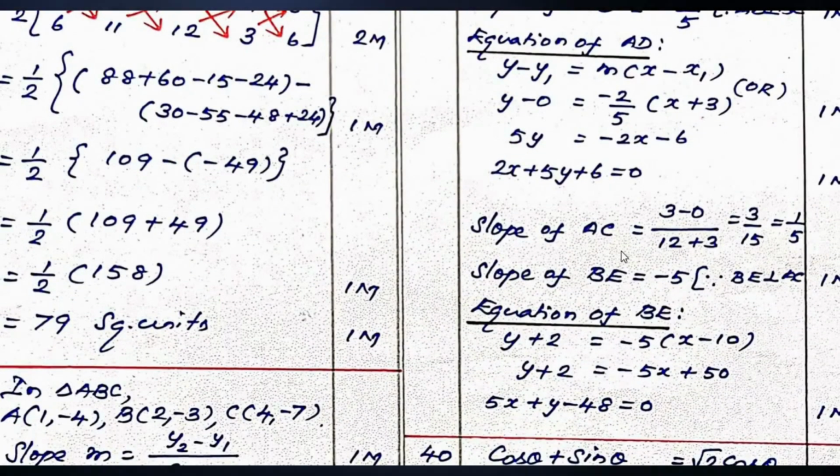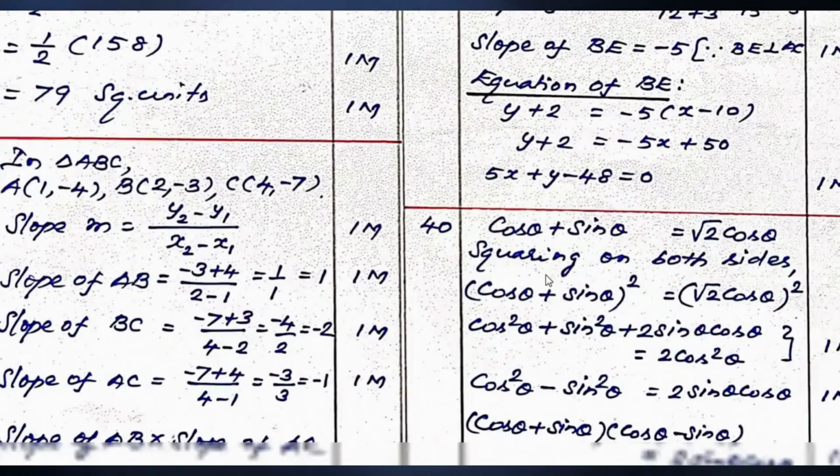Then we find the slope of AC, 1/5. Slope of the altitude from B is equal to -5, because it is perpendicular to AC. Then we find the equation of the altitude from B with use of the formula y minus y1 is equal to m into x minus x1. You substitute x1, y1 and m. We get the equation 5x plus y minus 48 is equal to 0.